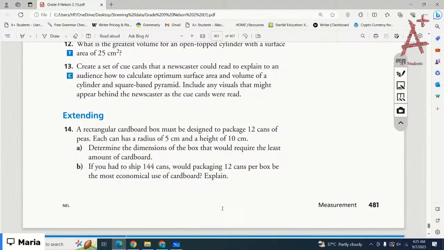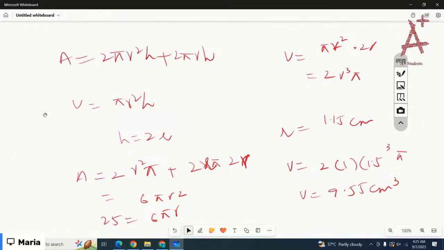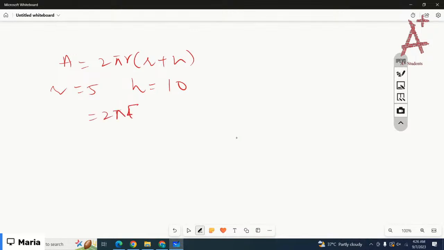Okay, so first we need to find the surface area of the cylinder of the cans. To calculate the surface area of the cylinder, the formula we use is A equals 2 pi r times (r plus h), right? The radius you are given is 5 and the height you are given is 10. Let's just replace the values. 2 pi times 5 times (5 plus 10).